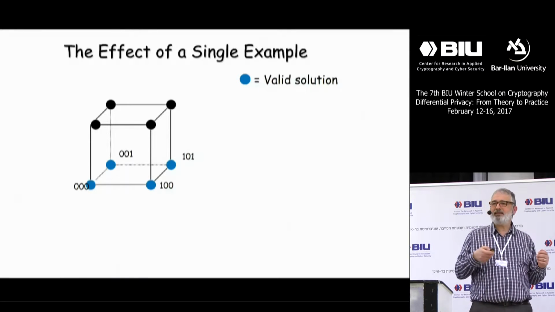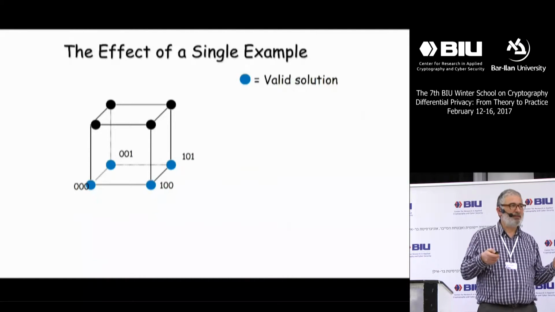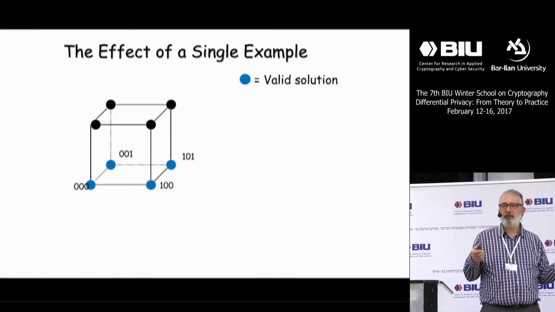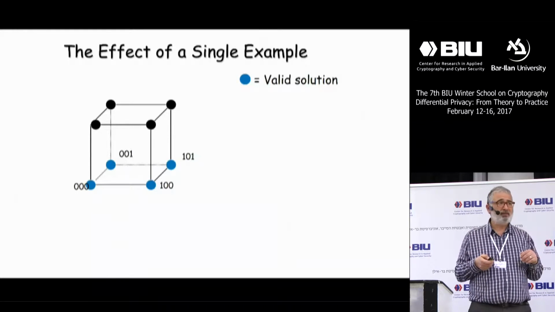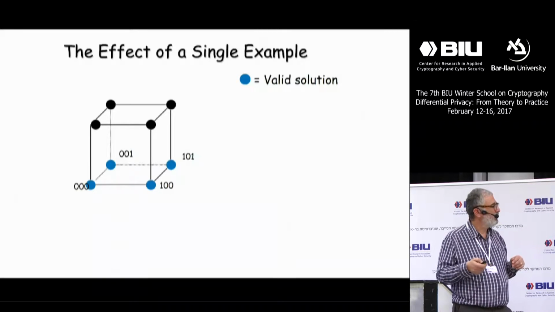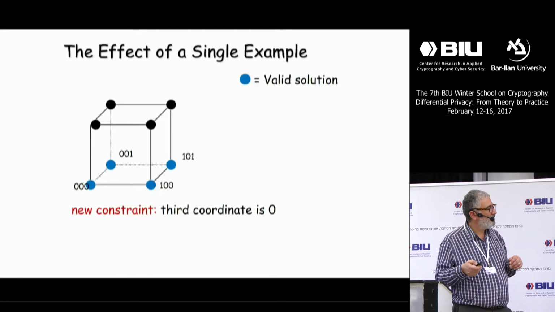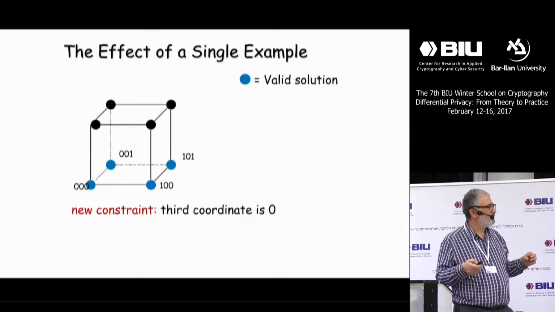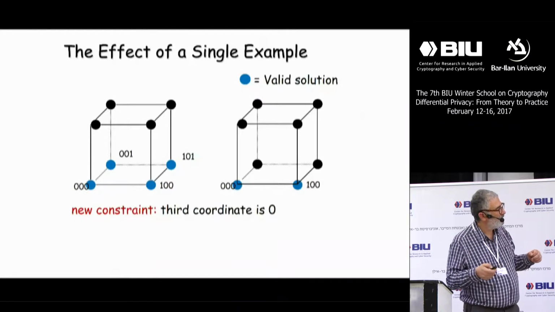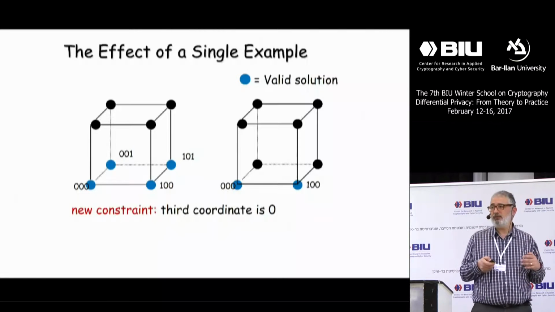Either this equation constrains the output more, or it doesn't. If it doesn't constrain the solution, then we remain with the same subspace. Otherwise, if it is constraining it, then it may look like this. The third coordinate must be 0. So we're losing two solutions here. We cut the solution space by a factor of 2.